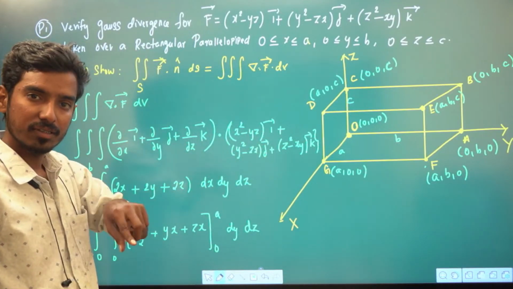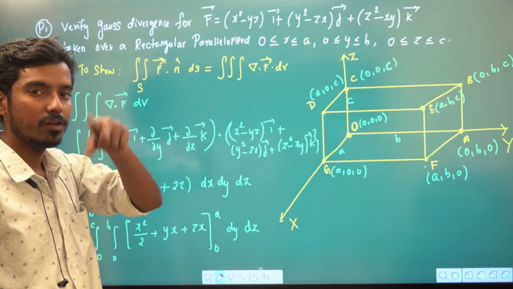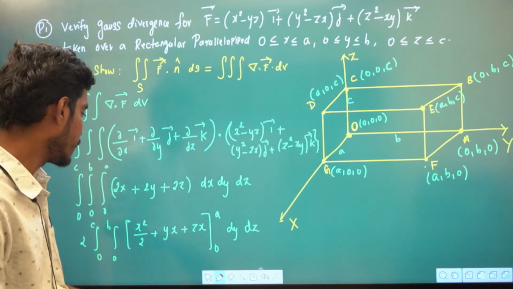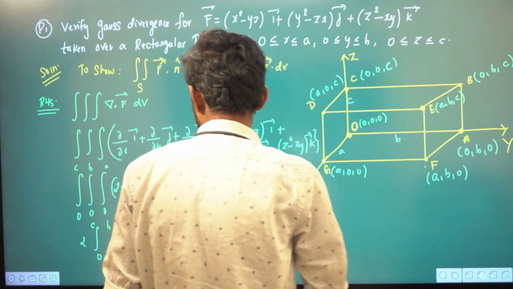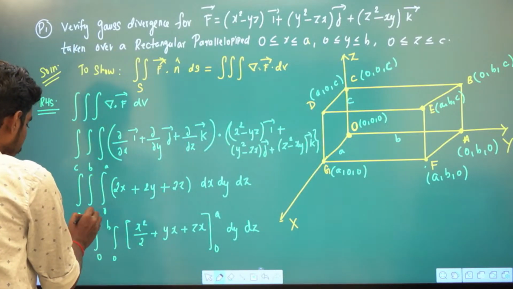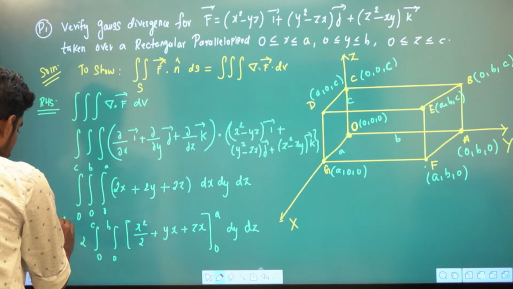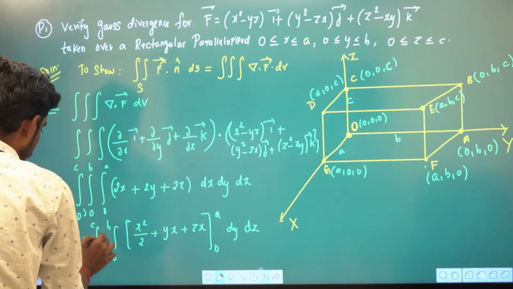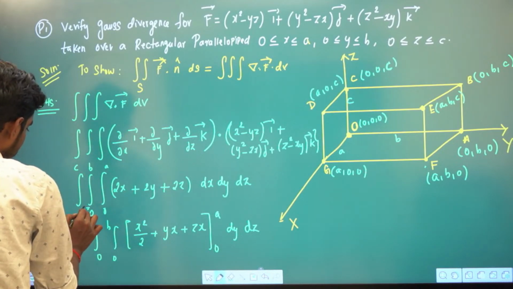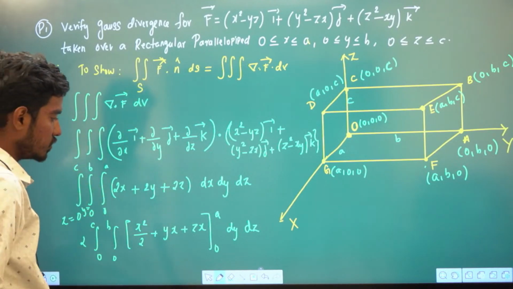Z dx: take z outside, z into integration of dx, which is zx. Now you apply the x limit. Remember x varies from 0 to a, y varies from 0 to b, z varies from 0 to c.